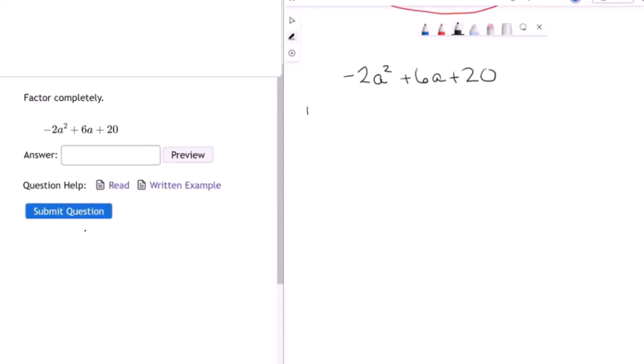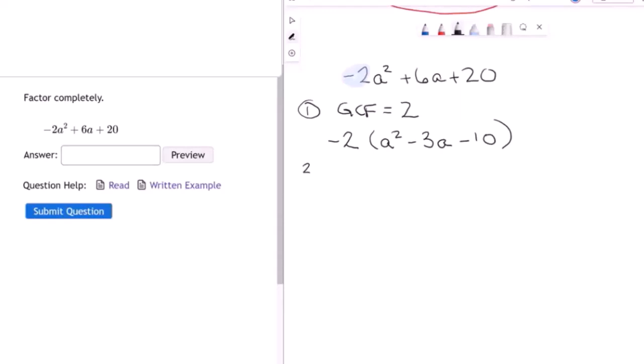Step 1 is find the greatest common factor. What is my greatest common factor? Is there anything that is common to all 3? 2. There you have it. I factor out a 2. And since my leading term is negative, I also factor out the negative, which leaves me with a squared minus 3a minus 10.